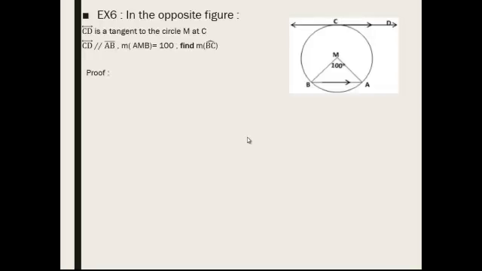CD is a tangent at C and CD is parallel to AB. Find the measure of arc AC.